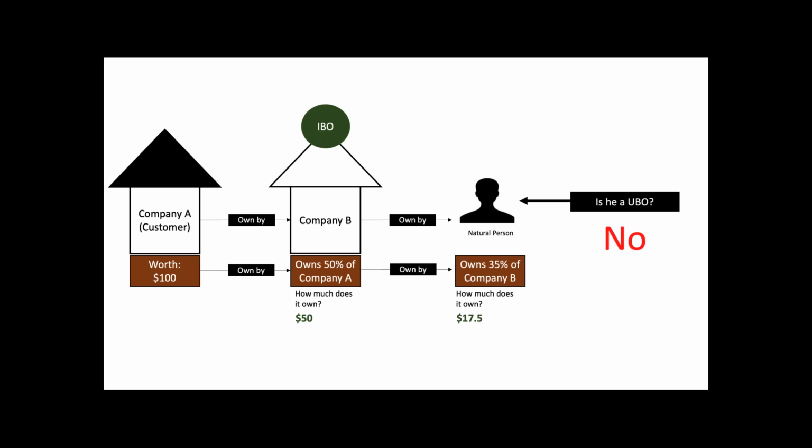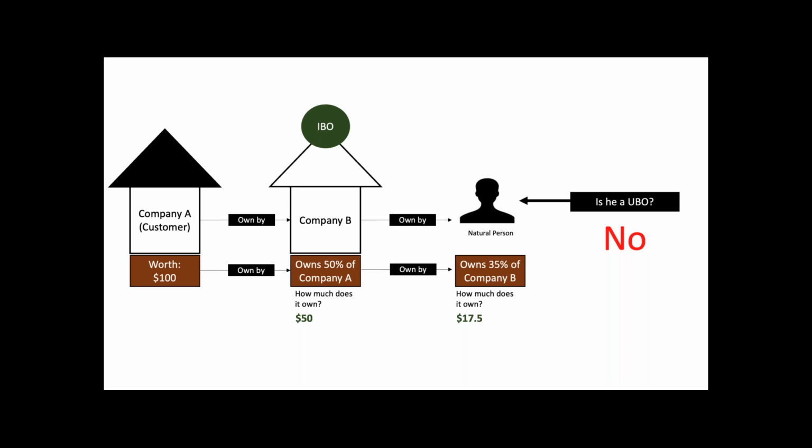Shall we progress? Or I'm happy to redo that again in a different way. So in this case, we don't have a UBO, but an IBO. But an IBO doesn't have any criteria, the only criterion is that they have to just be a link. Does that make any sense?